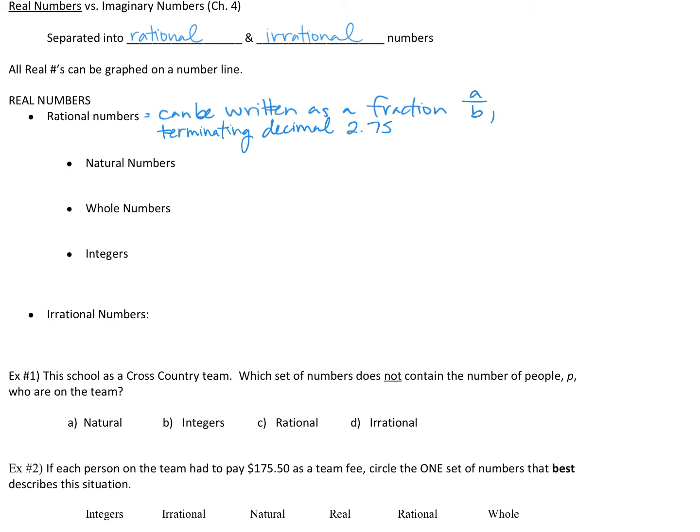Can anyone think of a number that's not a terminating decimal? A very popular number? Pi, right? That's a non-terminating decimal. So terminating decimal, 2.75, or a repeating decimal.